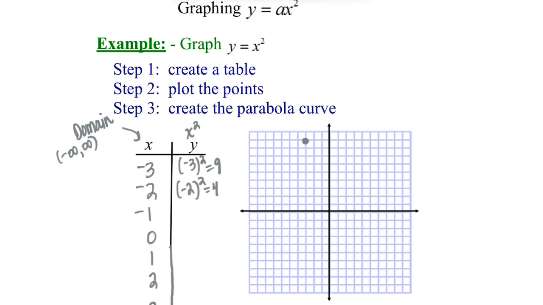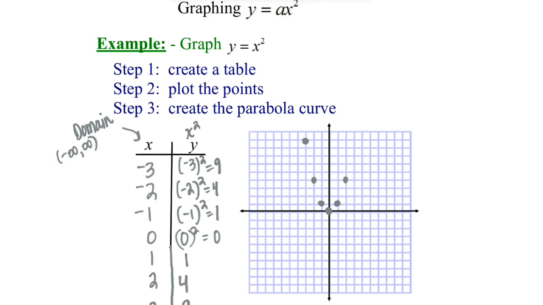When you put a -2 in, -2 squared is 4. You get a 4 out. And -1 squared is 1. So when you put a -1 in, you get a 1 out. 0 squared is 0. So 0, 0 is an ordered pair that is on this graph. And then when you put a 1 in and square it, you get a 1.